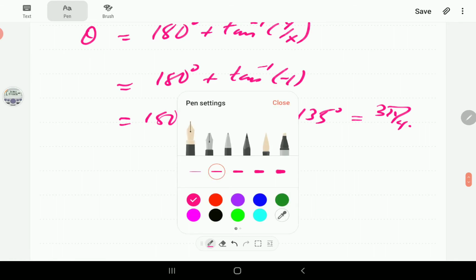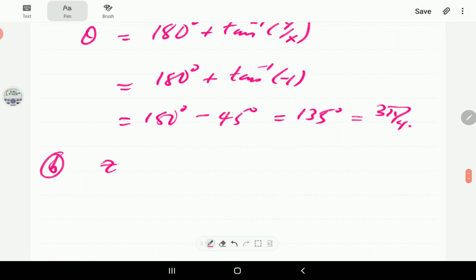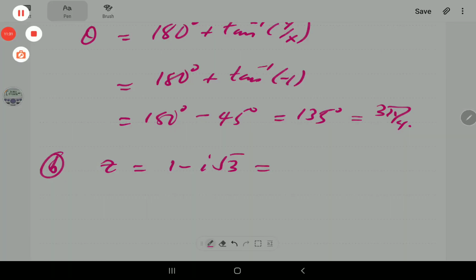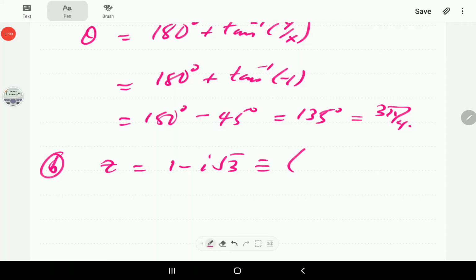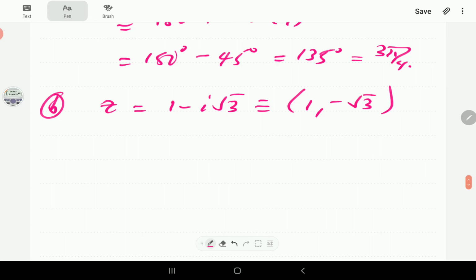Okay, then for B, we've got z equal 1 minus i root 3. Then again, the question is, what is x here? And x is 1. What is y? y is -√3. So this is a complex number in quadrant number 4.